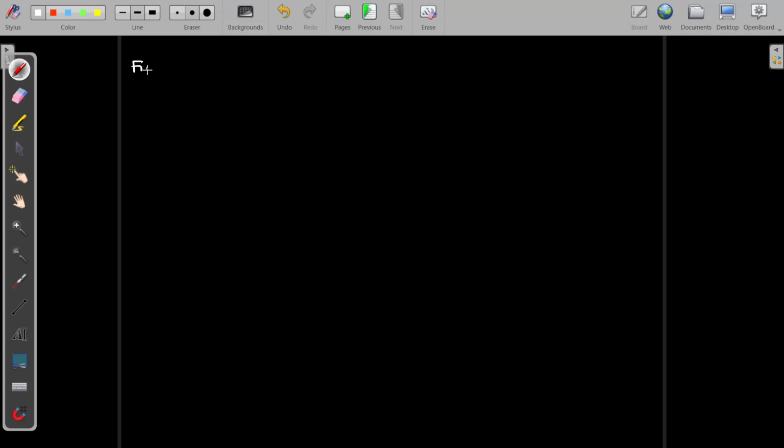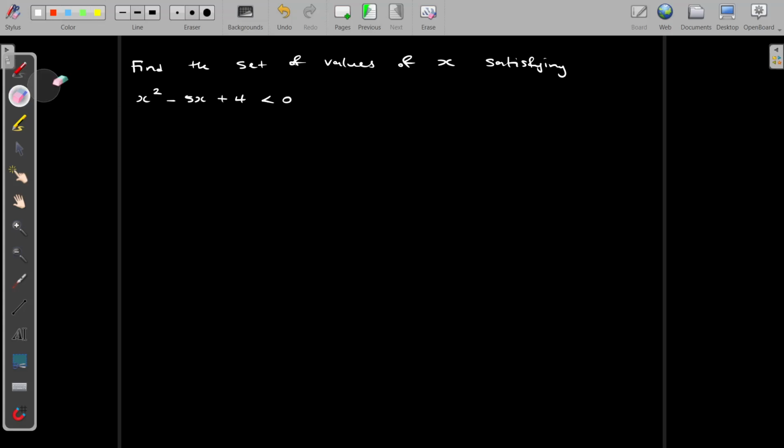So if we're looking for the set of values of x satisfying the inequality x squared minus 5x plus 4 is less than 0, and we want to use the sign table.